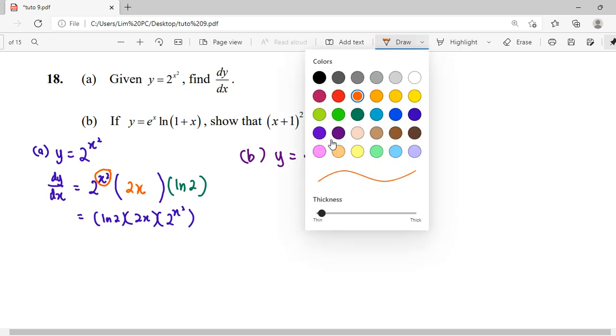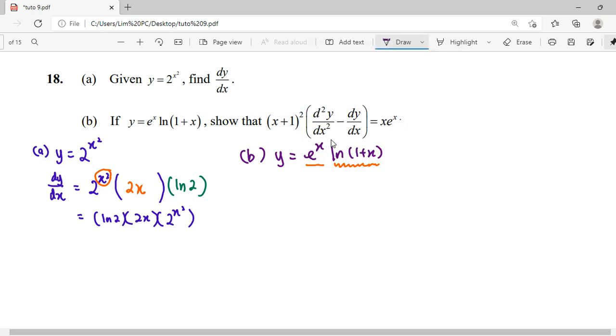When we have two functions multiplied together, we use the product rule. When you want to differentiate y with respect to x, we use the product rule.